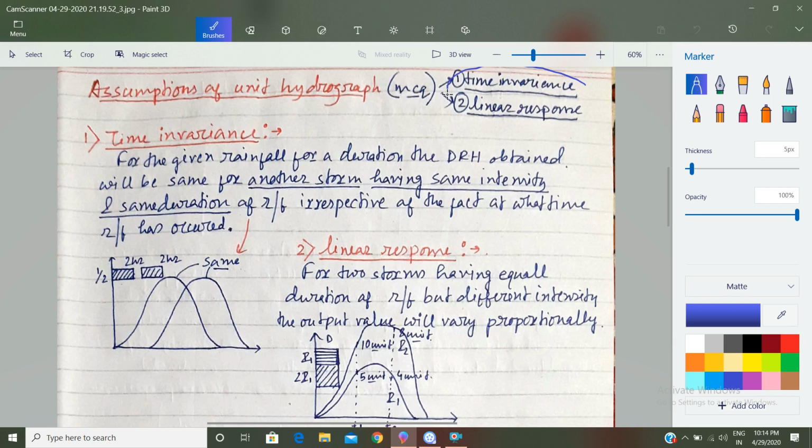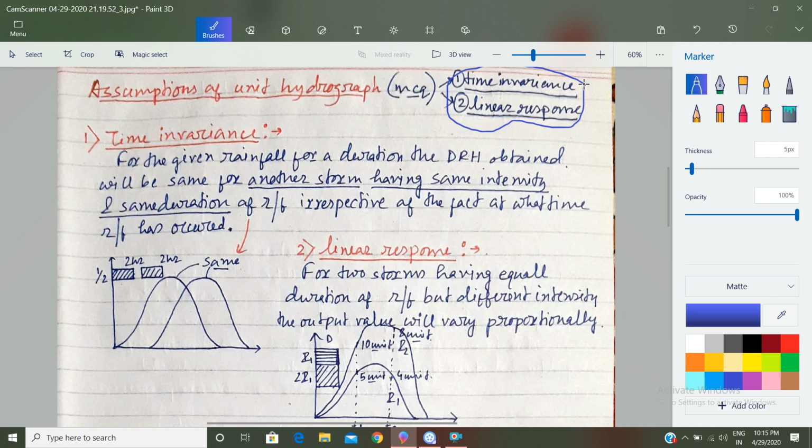What is time invariance? It means if on Sunday a rainfall of 2 hour duration occurred in a catchment, and a unit hydrograph is derived according to that storm, then if after 5 or 6 days, or even after 5 years, the same rainfall of 2 hour duration occurs in that same catchment, the same hydrograph will be found.